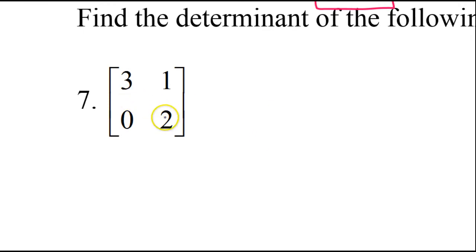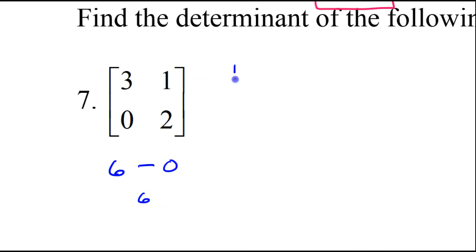Let's find the determinant first. So that's going to be the down diagonal minus the up diagonal. The down diagonal is 3 times 2, so that's going to be 6. The up diagonal, 0 times 1, so that's going to be 0. So that's going to be 6 minus 0, which is 6.